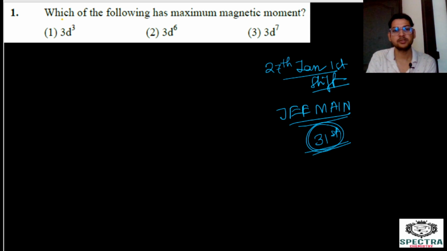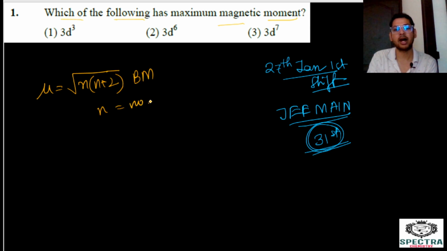The first question is, which of the following has maximum magnetic moment? The magnetic moment formula is mu equal to root over n into n plus 2 Bohr magneton, where n is the number of unpaired electrons. This type of question you should not take more than 30 seconds. How to do it?